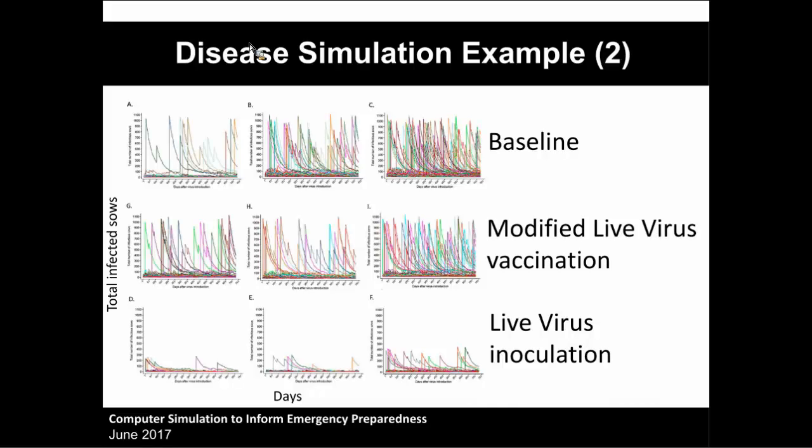In all cases, they saw that the virus passed through to the offspring. The live virus inoculation was somewhat effective in reducing the virus within the breeding herd, but the following piglets were still getting infected. So they recommended a different approach.